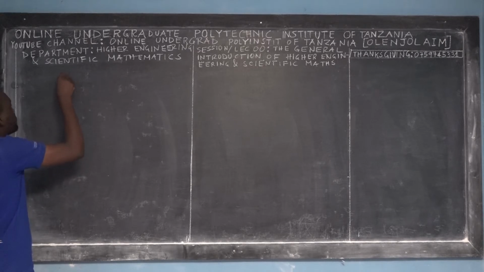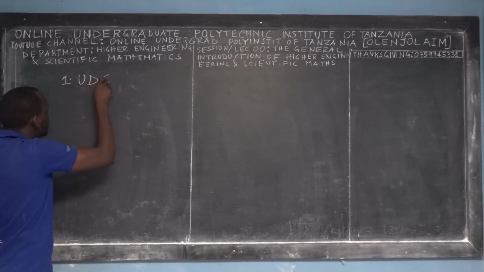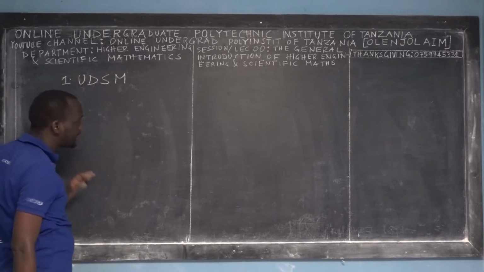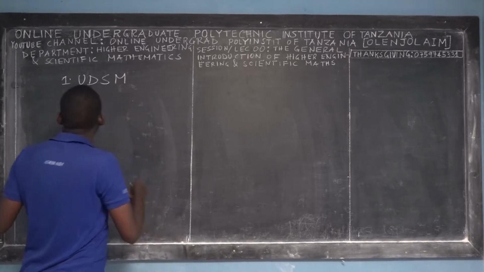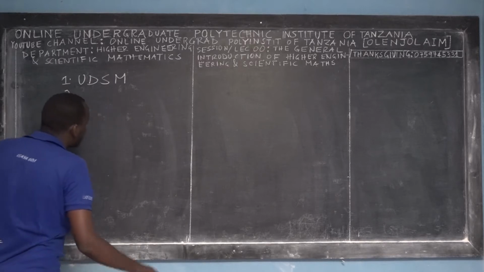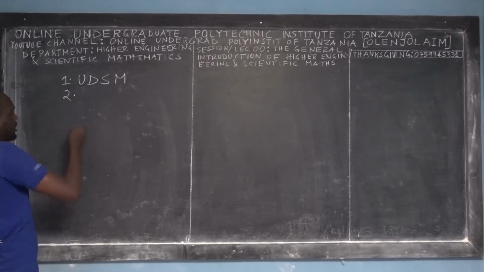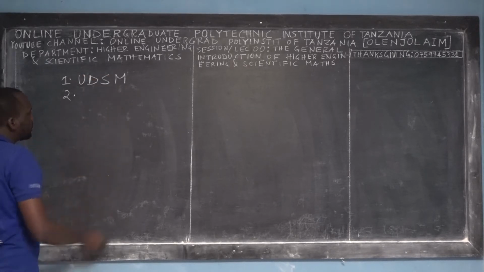I will write in abbreviations. The largest and first university in Tanzania is the University of Dar es Salaam, UDSM, right? This is the first one in terms of performance and even age.